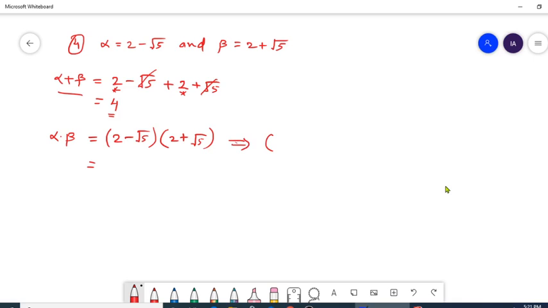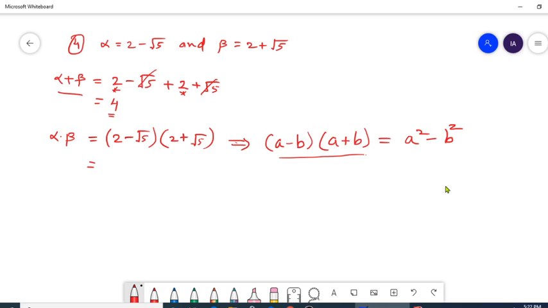We have already studied this. If something is in the form of (a minus b) and (a plus b), that can be written as a square minus b square. This expansion we have already studied in 8th standard.